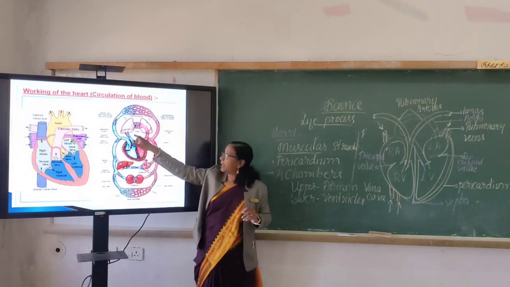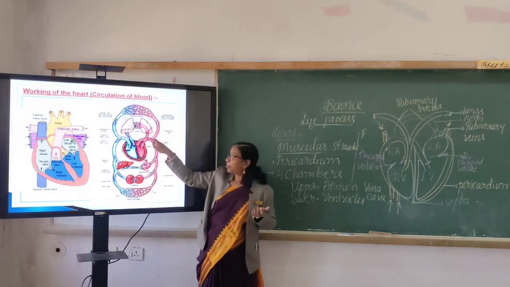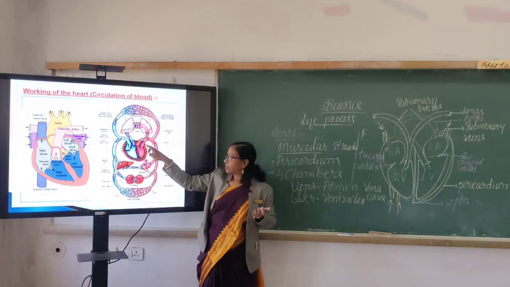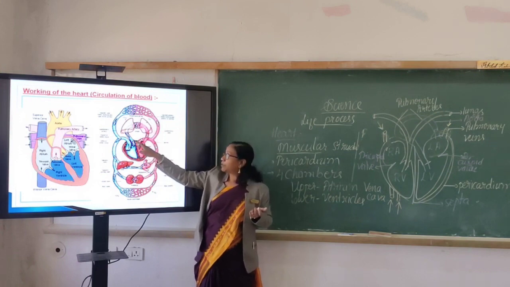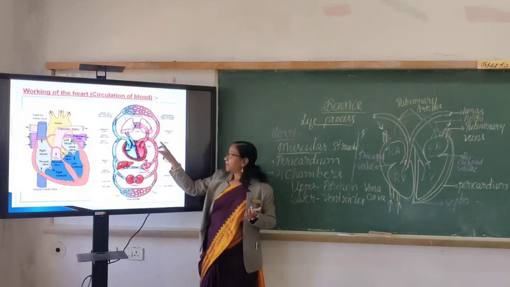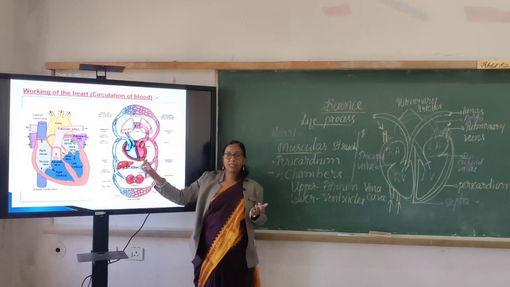So from here, where will it go? It will go to the lungs, where it gets oxygenated. From there, where will it come back to? Here. It gets oxygenated and comes back to the heart. So from here it will be pushed to the aorta, and once again oxygenated blood is brought back to all the organs.